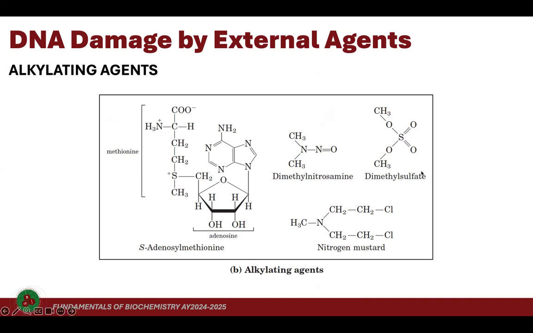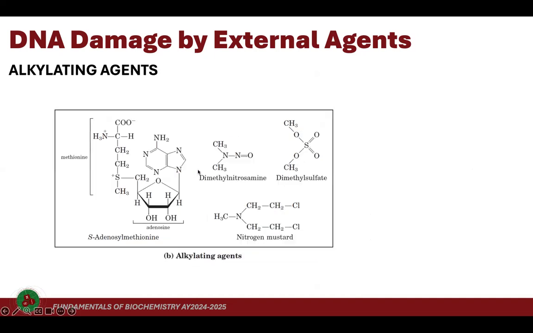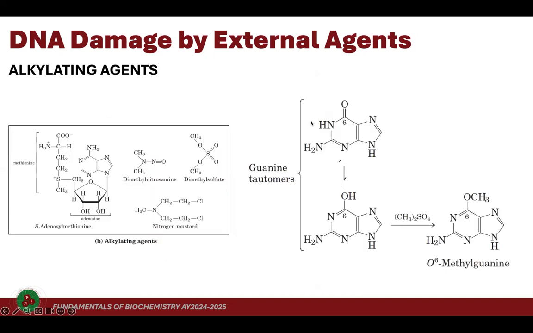However, if a lot of these external agents like the dimethyl nitrosamine get inside your cells, then they can cause excessive methylation of your DNA, and we do not want that. One of the common consequences of these alkylating agents is the methylation of guanine.